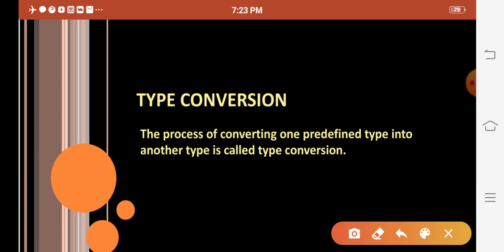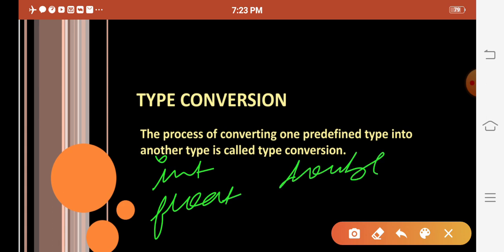So you know what, we have studied about two types of expressions here, right? So in your mixed expression, the operands may be of different types. Okay, so in a mixed expression, the result can be obtained in any of the form of its data types. For example, if we have taken here one int variable, one float variable, and suppose one double variable, right?